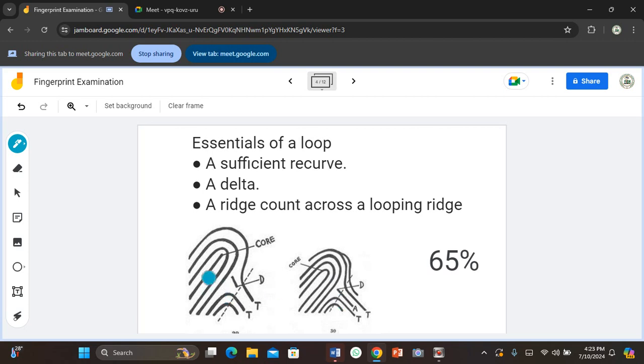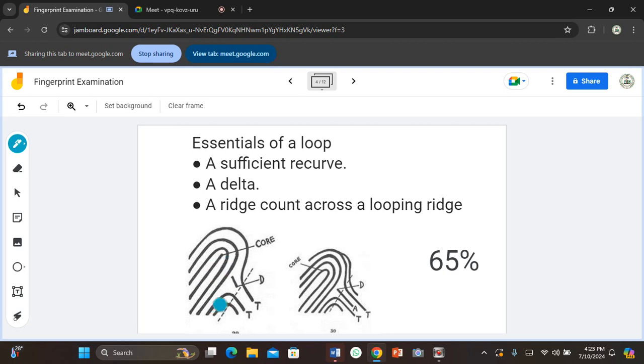Now look at this, the first figure here. Inside the inner recurve, we have a spike. On this spike is our core.